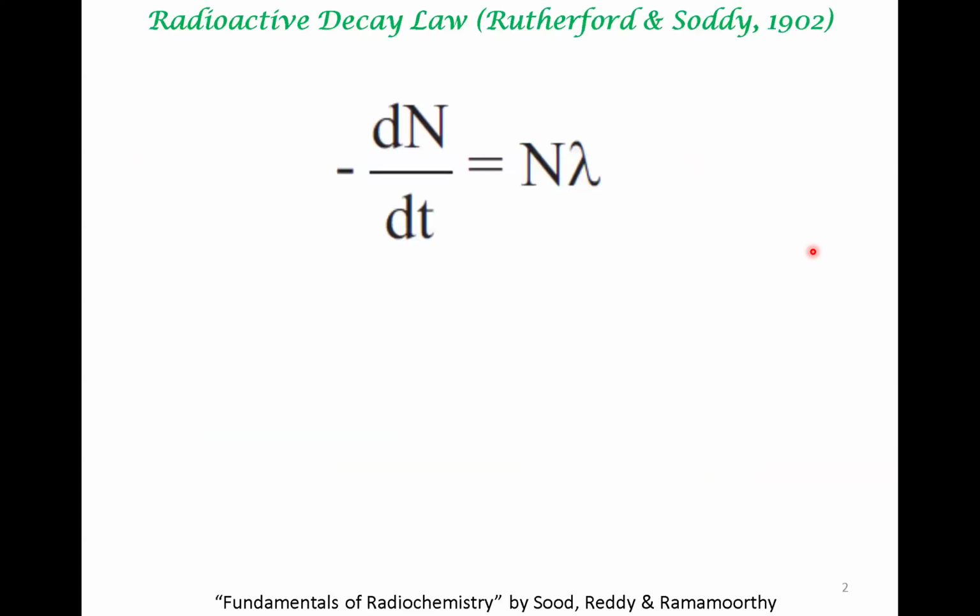Okay, so that there is a pattern in radioactivity is not at all obvious, right? There's a discernible pattern, is not an obvious fact, but there is a pattern, right? So when you look at radioactive decay, this was first proposed by Rutherford and Soddy in 1902.